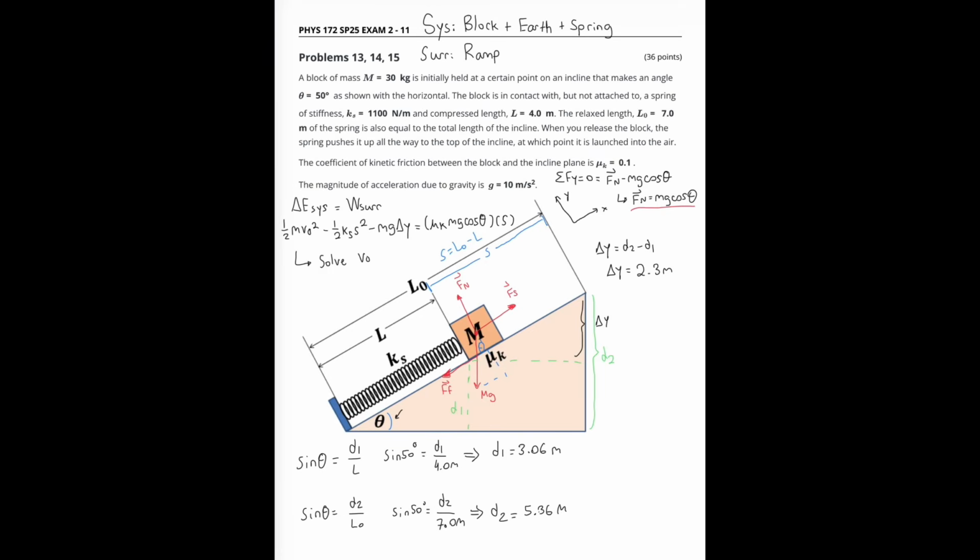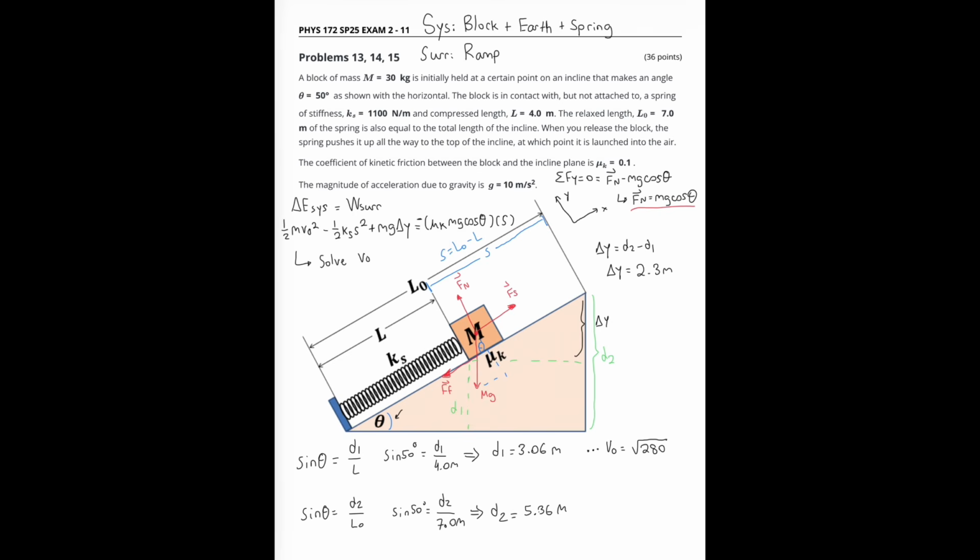And before I solve for this v naught, I messed up my signs, so it should be positive mg delta y and then minus the work done by friction. And so when we plug in all our values that we have here, d1, d2, delta y, our s, we get that v naught is equal to the square root of 280.